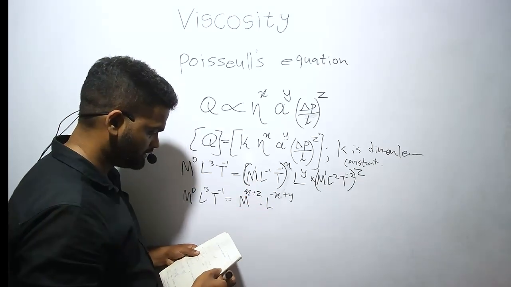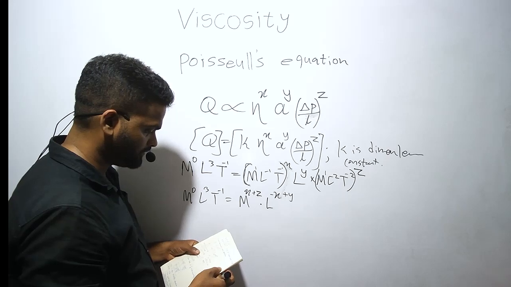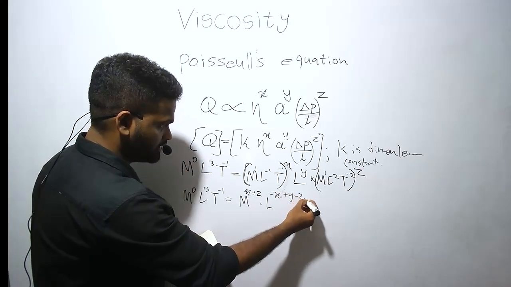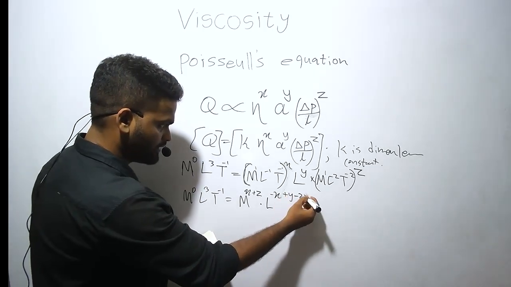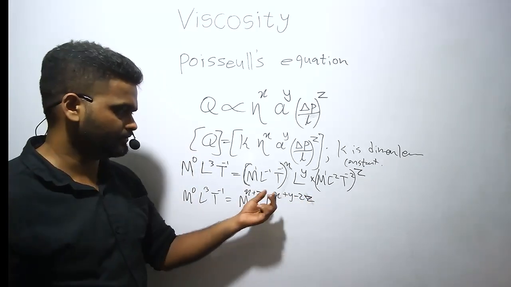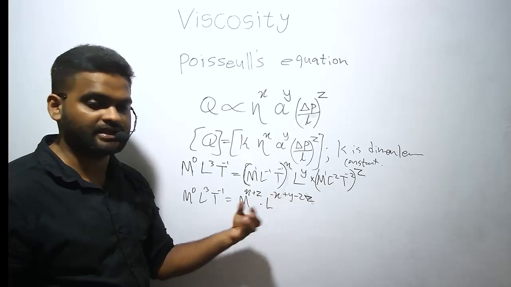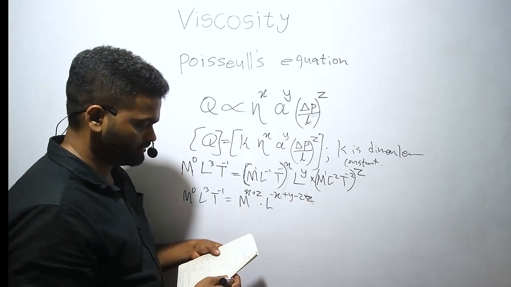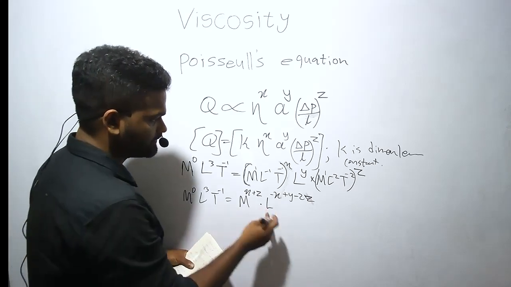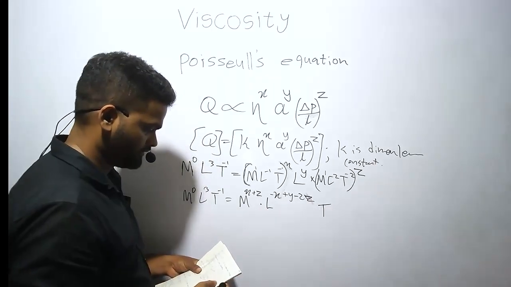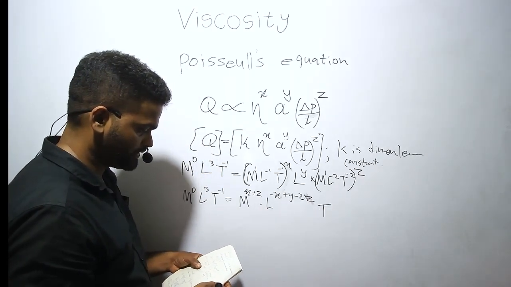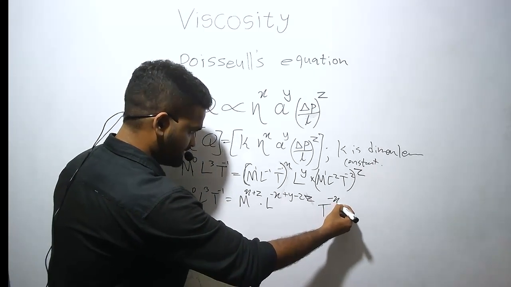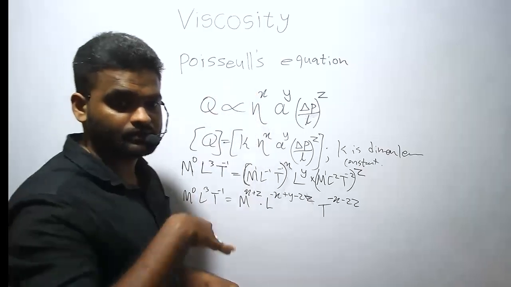For L, minus x plus y minus 2z. You have to do this carefully, right? If you make one mistake, you will get a completely different answer. Then T. For T, what do you get? Minus x minus 2z.